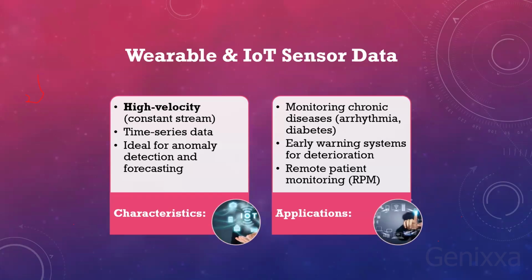So this kind of information generates a high velocity constant stream, because if you wear such fit bands or smart watches, they are continuously generating a huge amount of information, and your vitals are continuously being reported into a dedicated application.